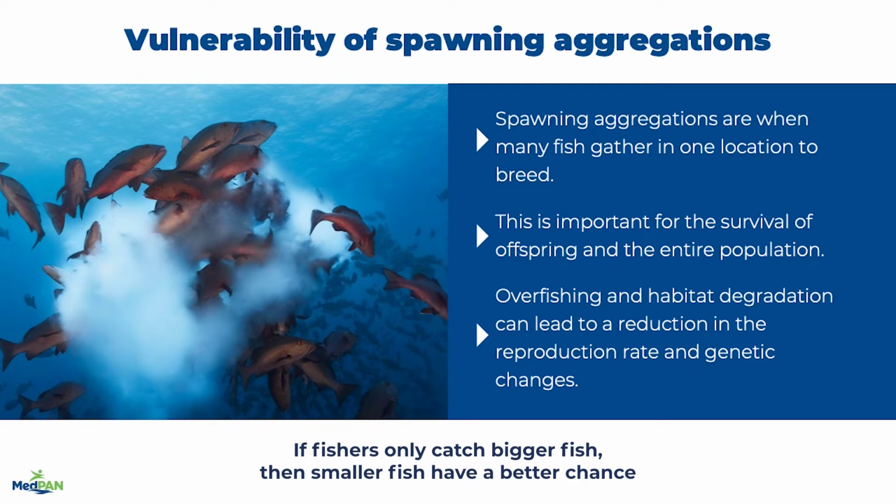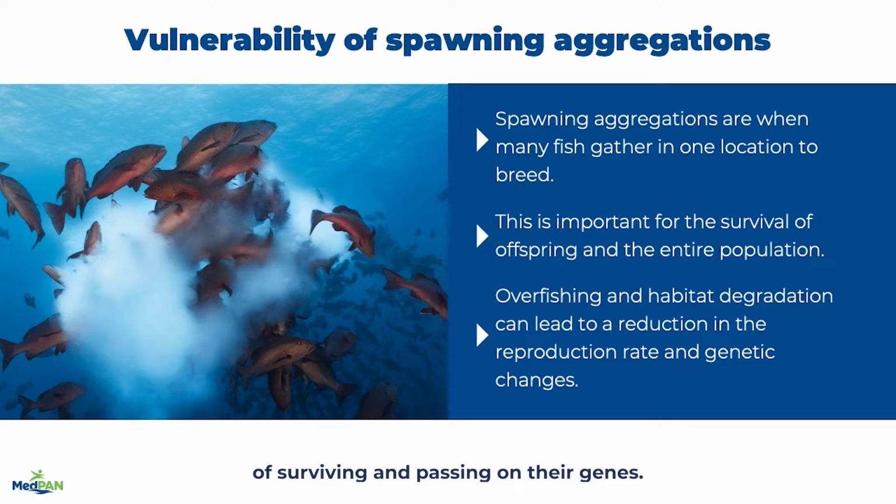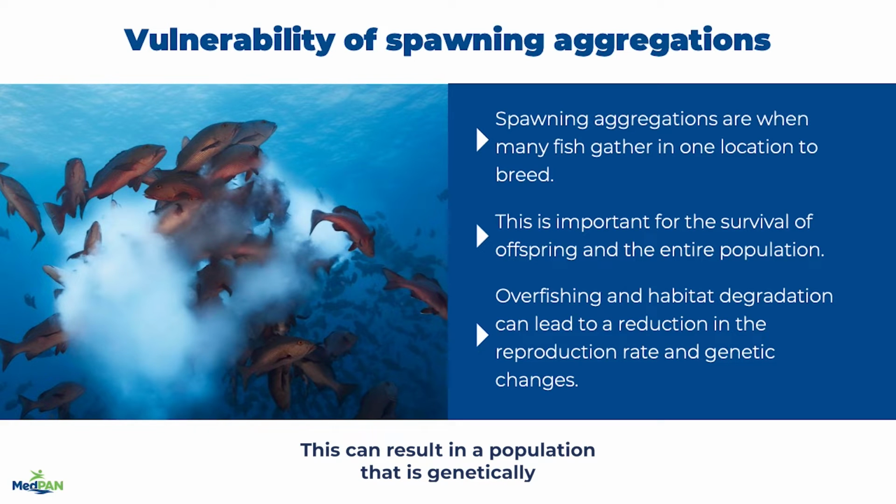If fishers only catch bigger fish, then smaller fish have a better chance of surviving and passing on their genes. Over time, this can result in a population that is genetically predisposed to be smaller in size and grow more slowly, which can make it harder for them to reproduce successfully.